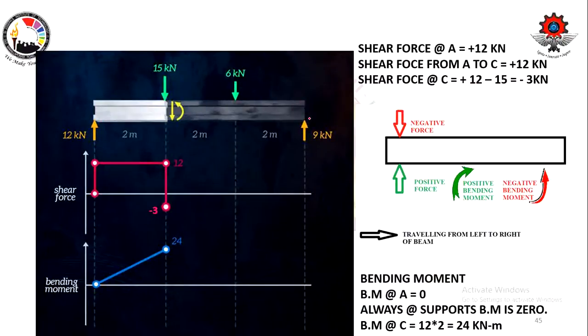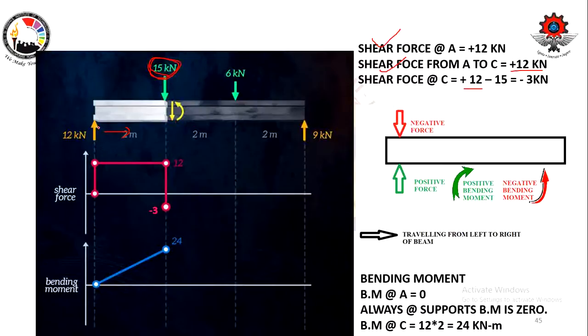Now, next, shear force at A is 12. We saw that. Shear force from A to C, we saw. Shear force at C is equal to, carry that previous 12 here, minus 15. We have a point load here, it is minus 15. We are supposed to add the loads as we go along the beam from left to right.